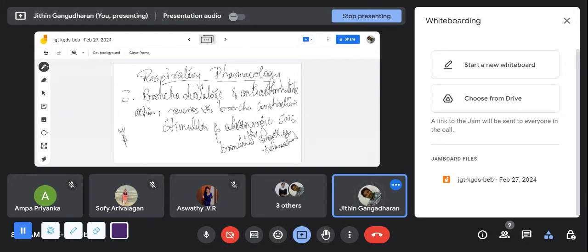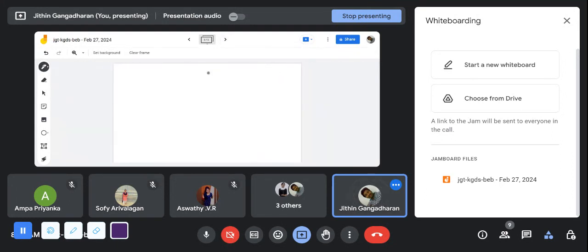Simply beta receptors. See guys, in the bronchus inside the lung, we have beta receptors and alpha receptors. These bronchodilators will stimulate the beta receptors.